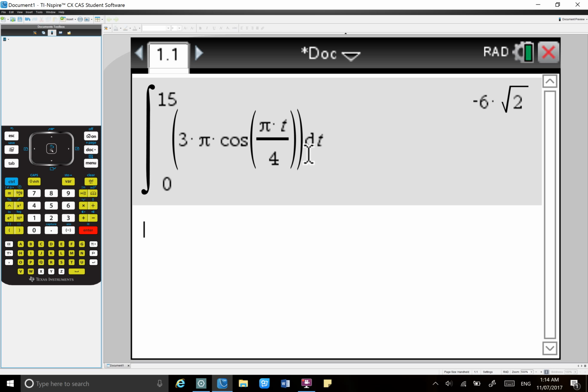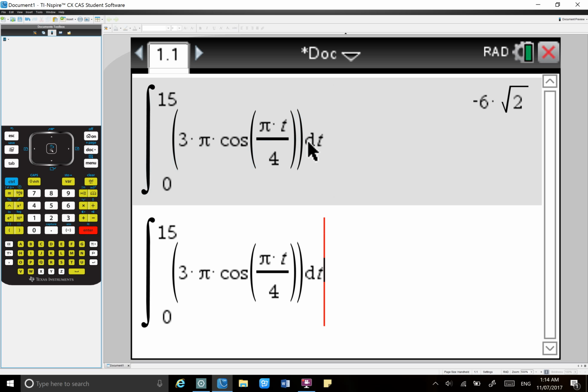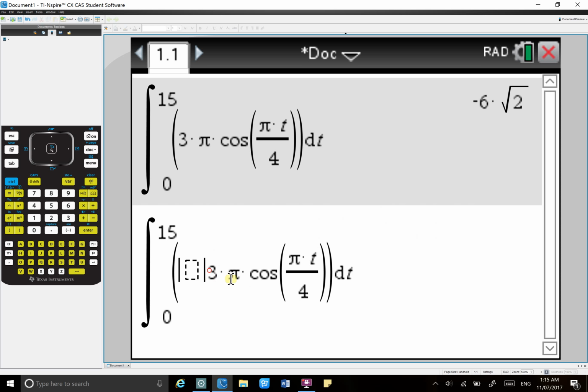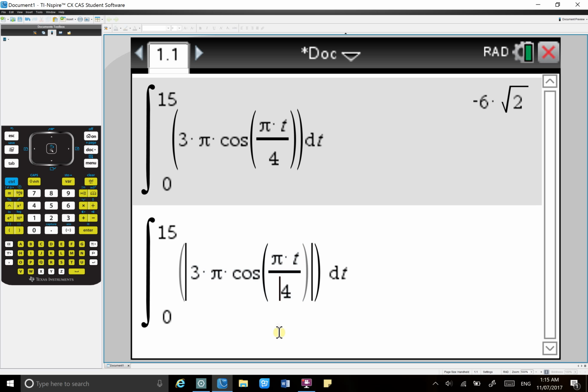Okay, that's the signed area, and we need to know the total area. So if we want to know the total area, what I need is this absolute sign. Okay, let's drag the whole thing into the absolute sign.